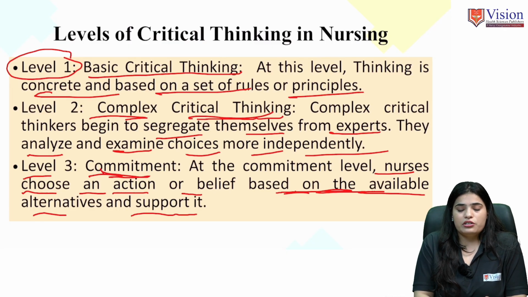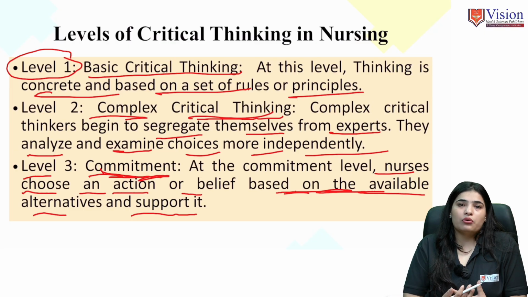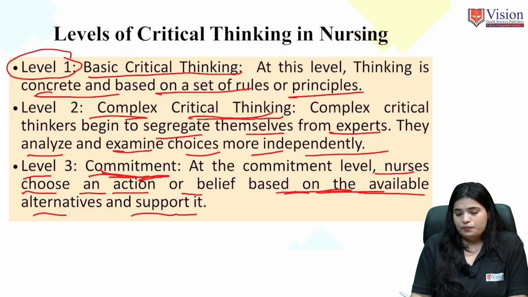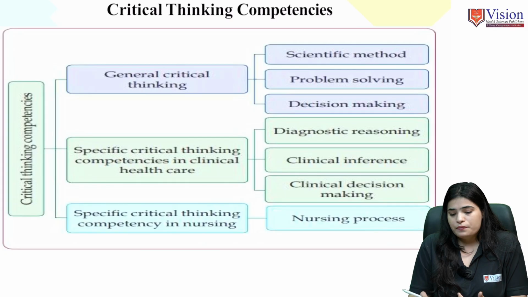That is the commitment. Okay, whatever you have selected with all the thinking, that is the third level, that is commitment to that particular thought or assumption. So these are three levels of thinking: 1, 2 and 3: basic, complex and commitment.